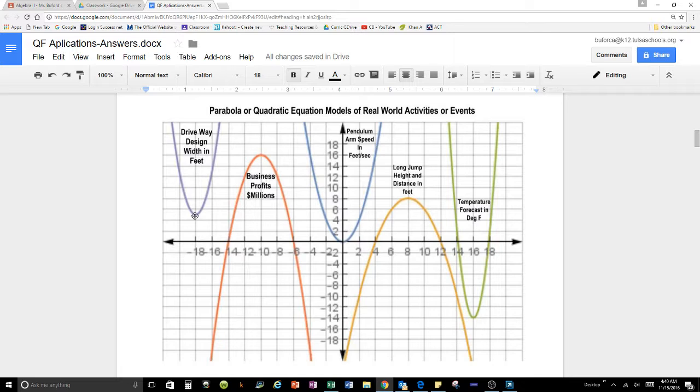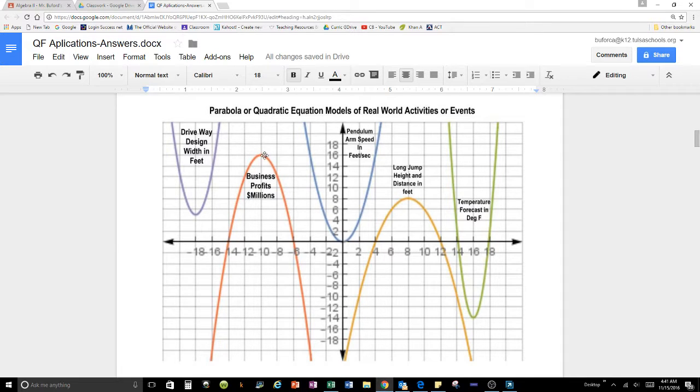The x value of the vertex is minus 18. That's here. And the y value, which is 5, is equal to k. Okay, so the h is minus 18, the k is 5.